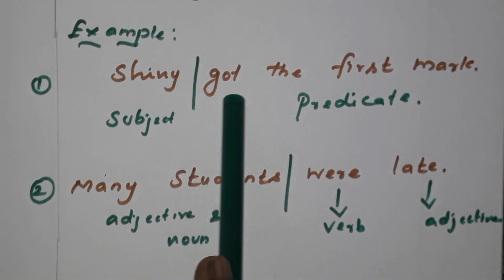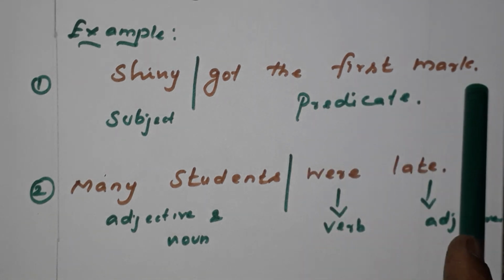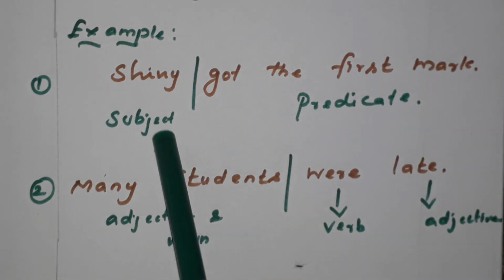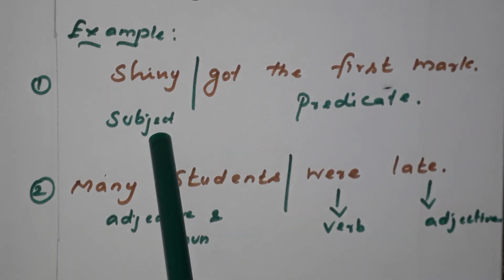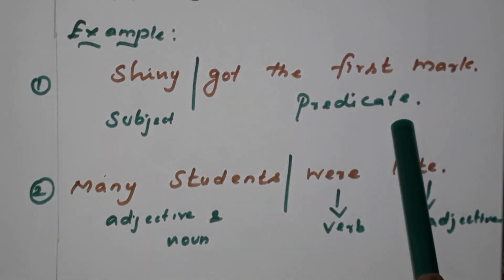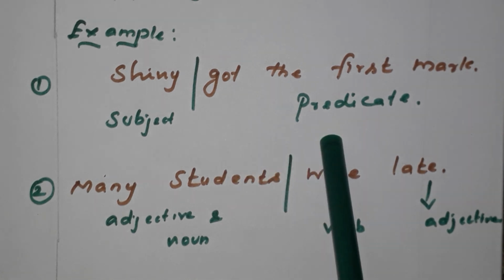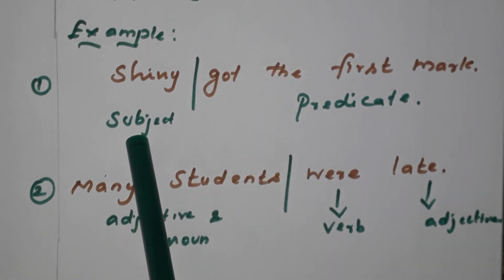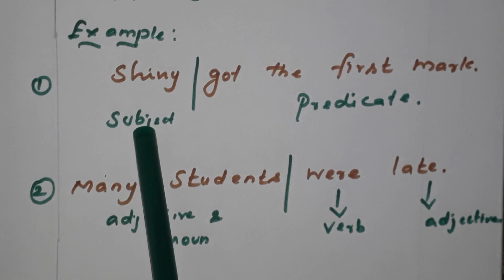Okay children, let's see some examples. First one, Shiny got the first mark. Here, Shiny is the subject. Got the first mark is the predicate. In this sentence, Shiny is considered the subject, which is actually a noun.